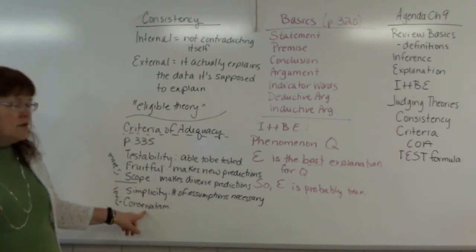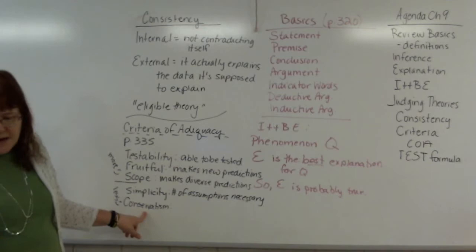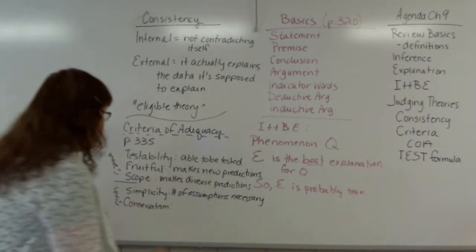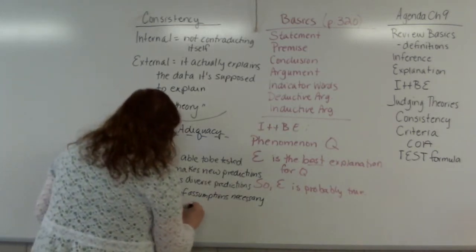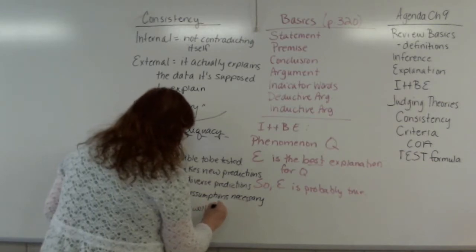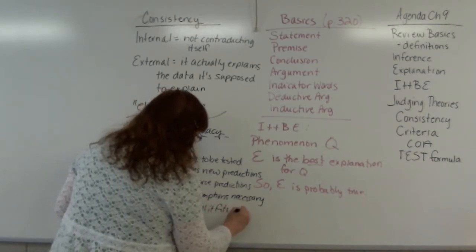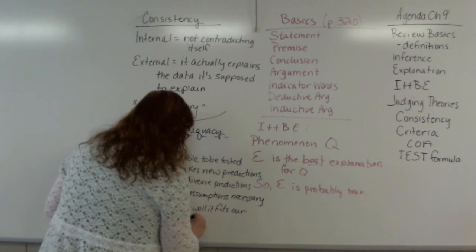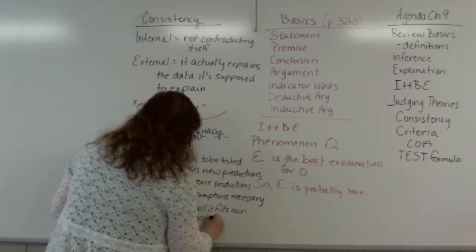And this last one, conservatism, has nothing to do with politics, okay? In this case, this is how well does it fit? How well does it fit specifically our background knowledge?